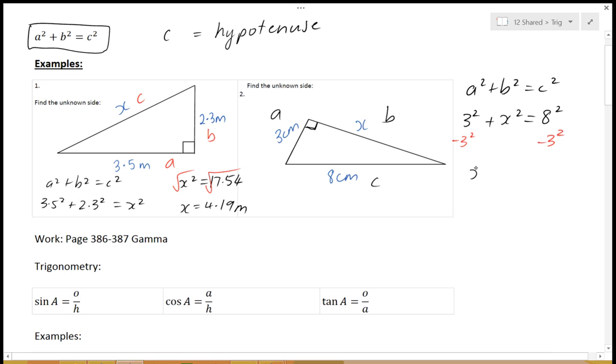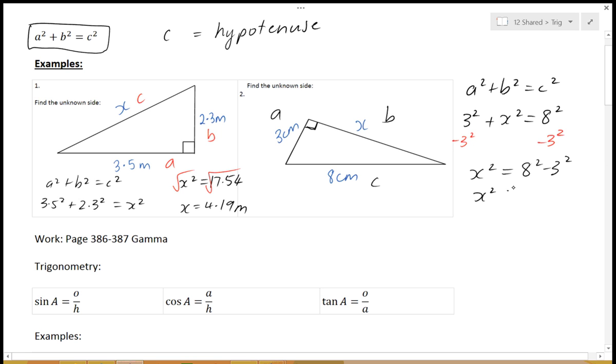So I can write x squared equals 8 squared minus 3 squared. And just be aware, that's not 5 squared. Okay, because 8 squared is 64, and 3 squared is 9, so it's 64 minus 9. Okay, which is 55.